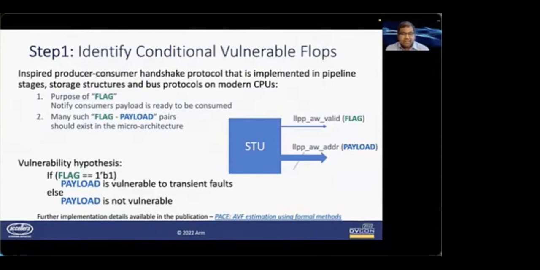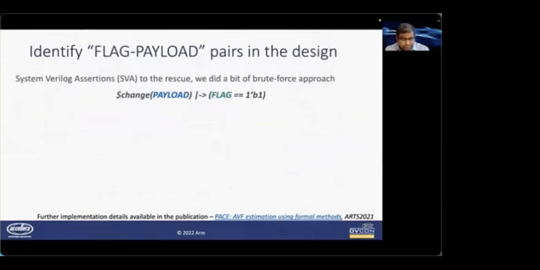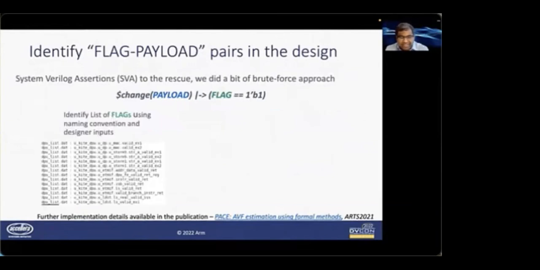So using this hypothesis, we built a set of vulnerability hypotheses for all the flag-payload pairs that we can assume within a given design. We used SystemVerilog assertions to define this hypothesis, as we see here. To start with, we listed all the flags in a given design by grepping for the naming convention, and also some designer input to tell us which is which.